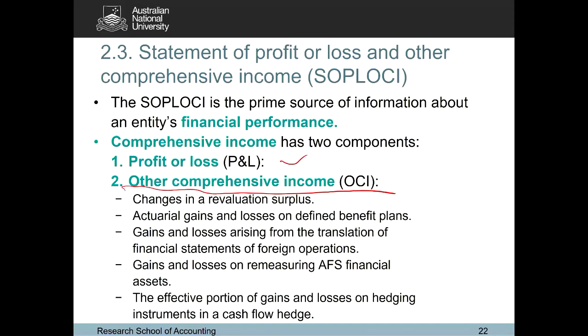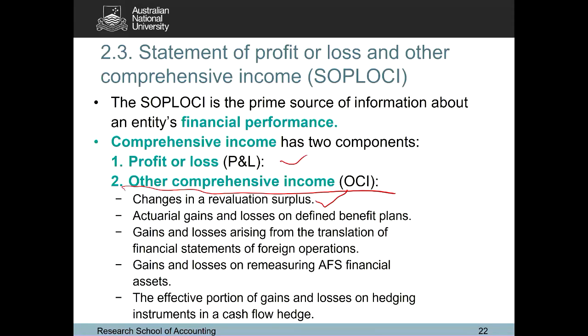Have you heard about this before? Not yet. In this course, you are going to learn this soon, by which I mean next lecture. We are going to do revaluation, and then you will see we talk a lot about revaluation surplus.